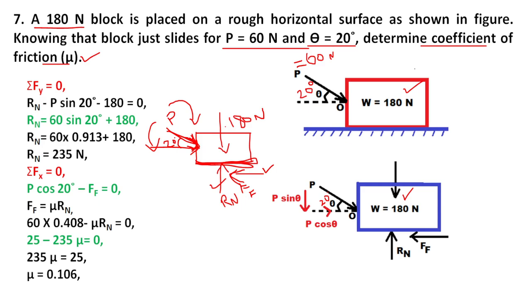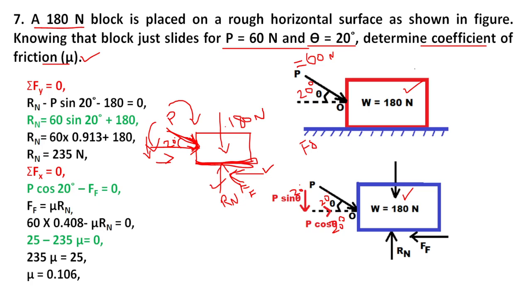The opposite side is sine, so P sin 20 degrees, acting downward. The adjacent side is P cos 20 degrees, forward. So in total there are 5 forces: 3 vertical forces and 2 horizontal forces. This is the free body diagram of the given block.